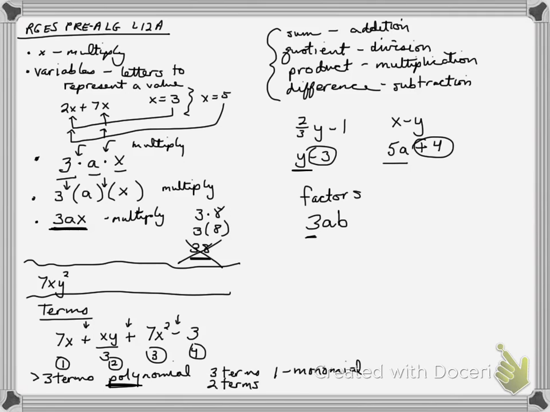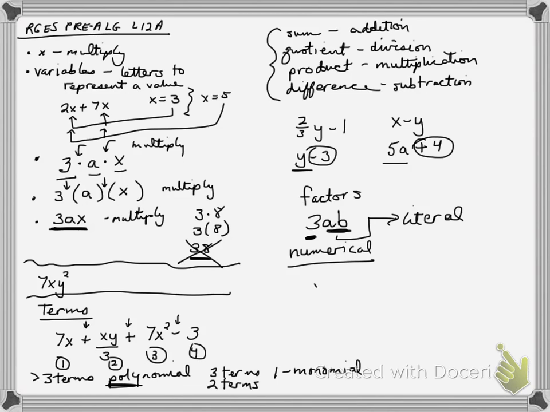I could talk about my numerical factors, which are the number parts, and my letter factors, which I would call the literal. I would call a and b literal coefficients, and I would call the 3 a numerical coefficient.